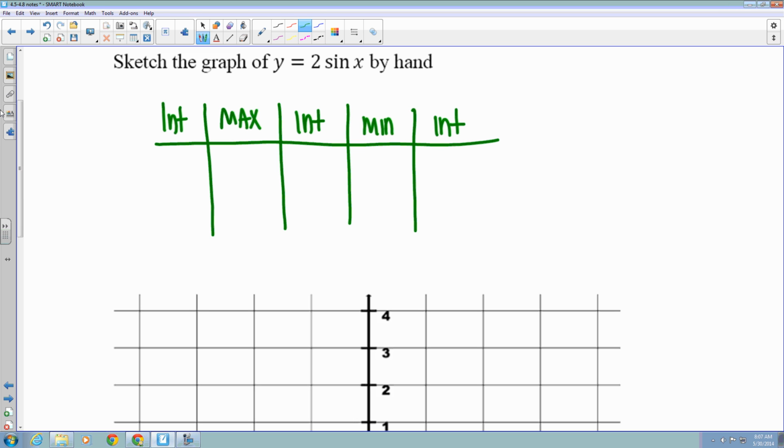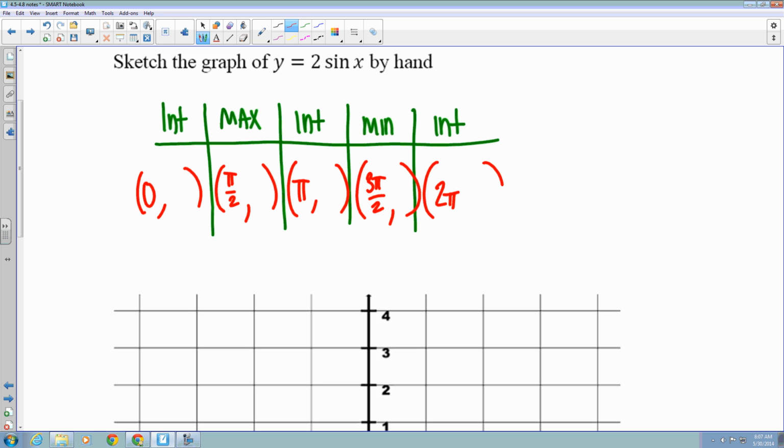And I also know what the x values are of all my 5 key points because there hasn't been any transformations. All that 2 does in front is changes the height. So I know that this point will be 0, pi over 2, pi, 3 pi over 2, and 2 pi.